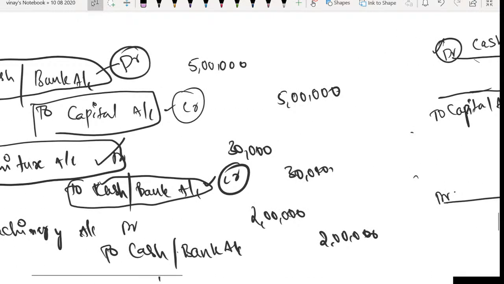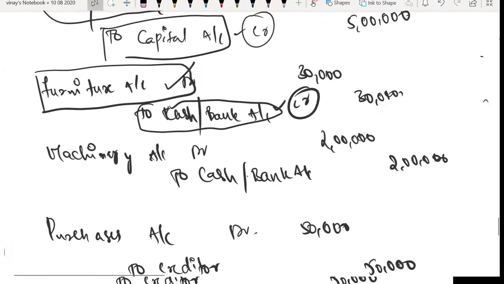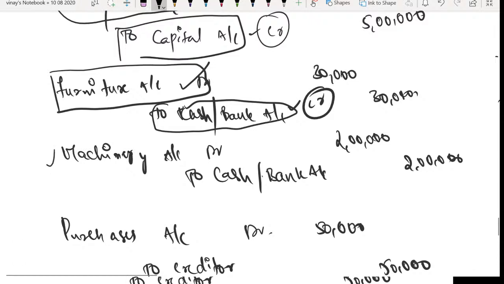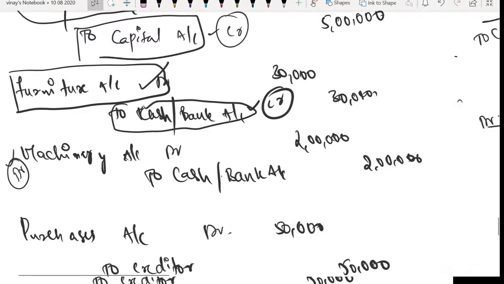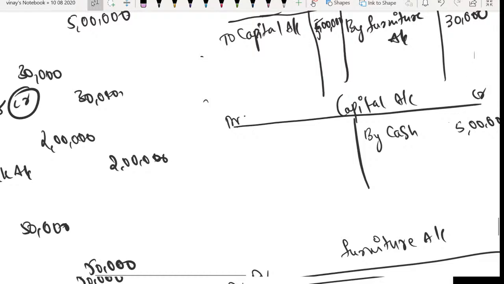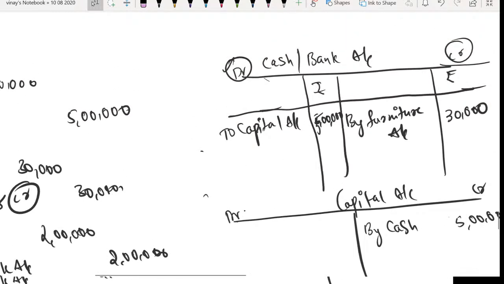Then after, there is also machinery. Let's see, machinery was on the debit side, so I have to create a machinery account, and cash is on the credit side. There is no need of creating cash account because I already have created. So on the credit side of cash account, I have to write by machinery 2 lakhs.